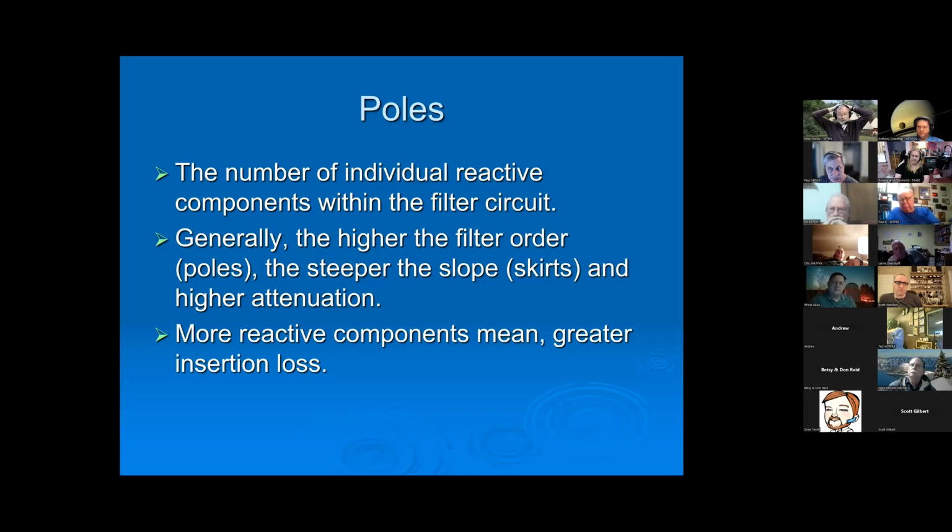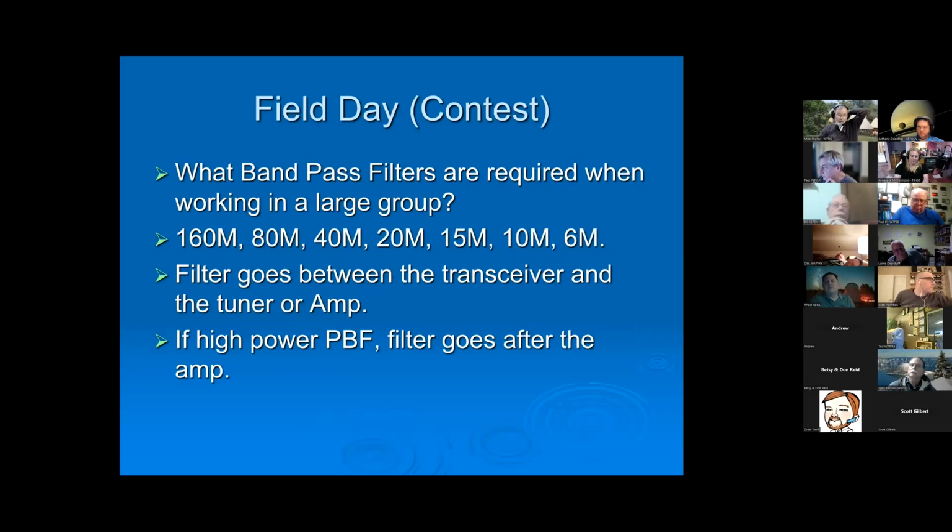And you'll have a higher attenuation too. You obviously have a higher attenuation on the skirts, but you will also lose a little bit in the center as far as the frequencies you want. More reactive components means greater insertion loss. So the more poles, the more active components you've got in there, the more losses you're going to have.